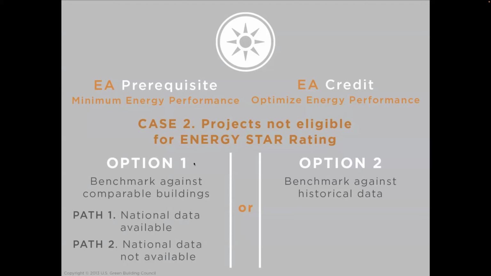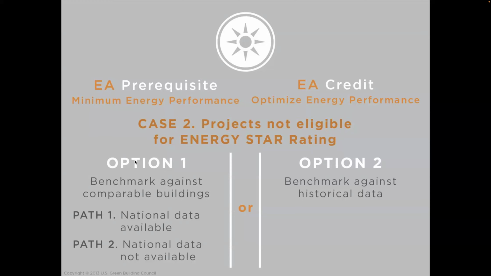So usually, if you don't get an Energy Star score, you can definitely do case 2, option 1. I don't know of another project where they couldn't do that, but they still give you that flexibility. All right, and then prerequisite and credit. At case 2, Energy Star rating, projects not eligible have options to benchmark against other similar data.